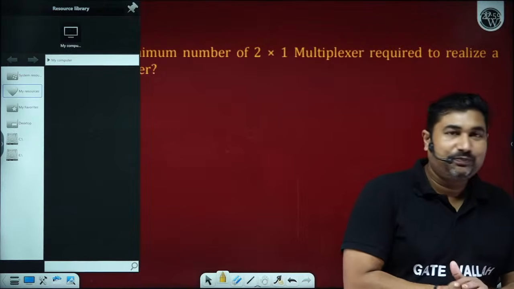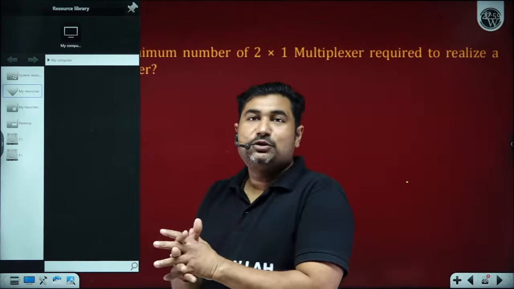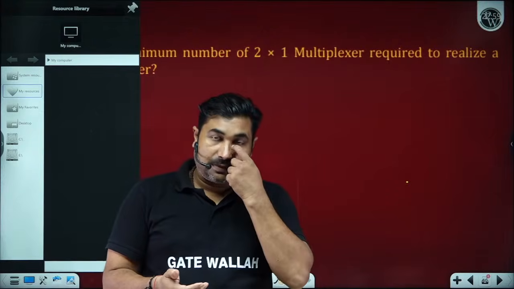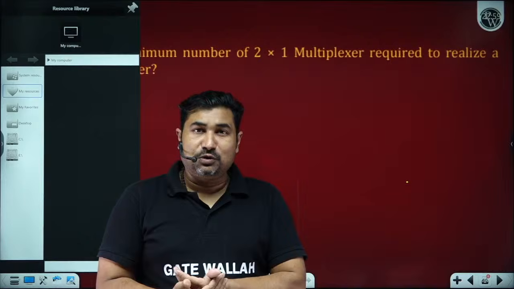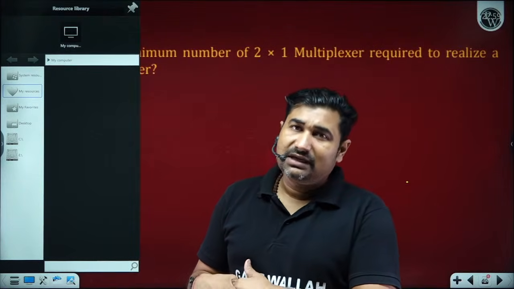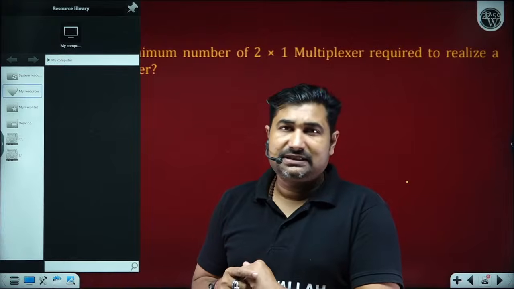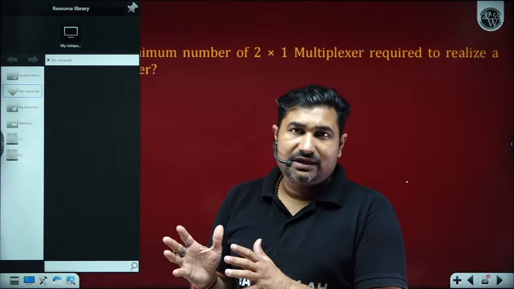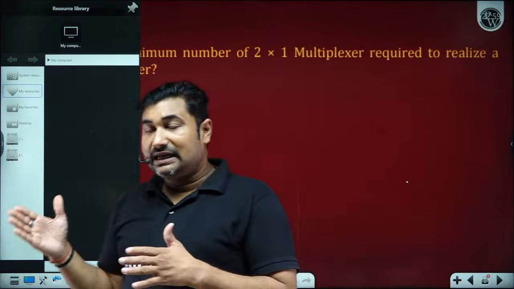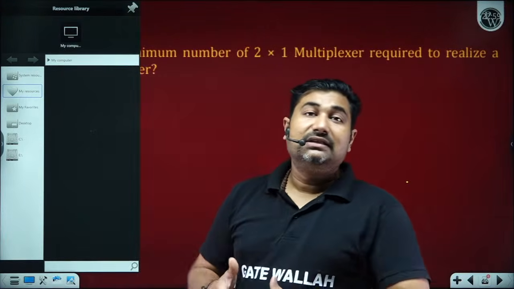Okay, no issue. Hoping you have enjoyed today's session a lot and are able to understand all the topics, especially decoder and demultiplexer. Only 4 kinds of questions are possible with a decoder and demultiplexer. They will give you a circuit, or they may ask you about the select conditions for having the desired output.